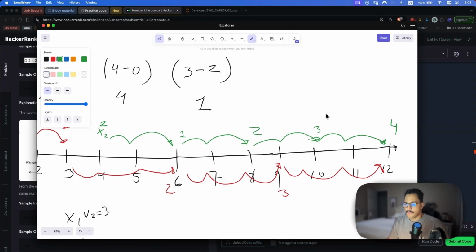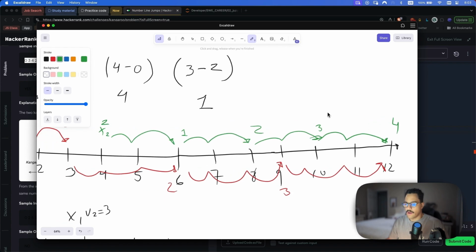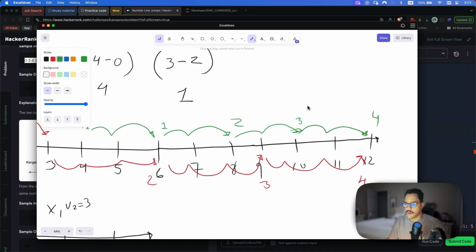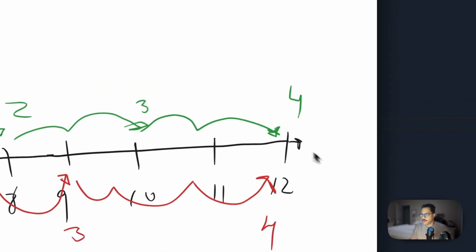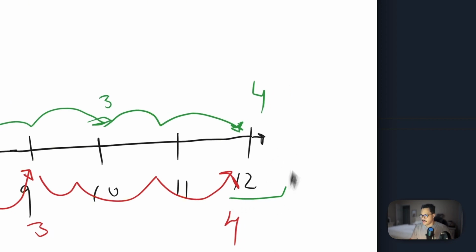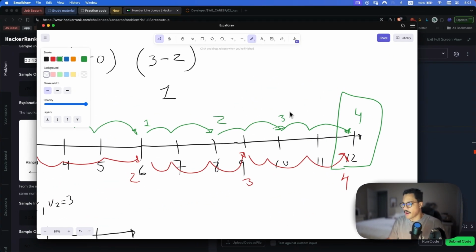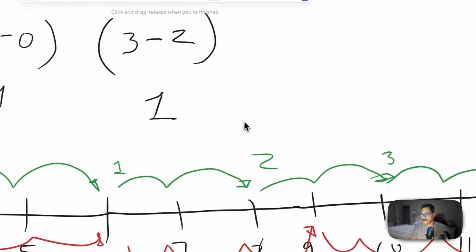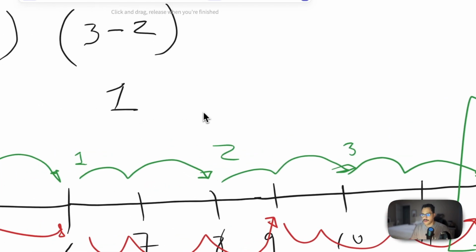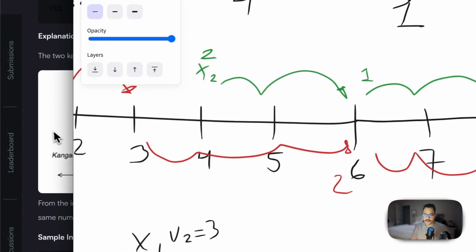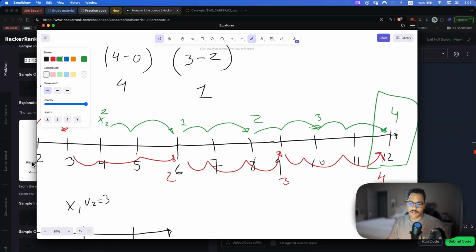So 12 is a multiple of 4, right? And that's the whole thing. That's what I'm trying to get at. I guess I could have gone back to the little image there.